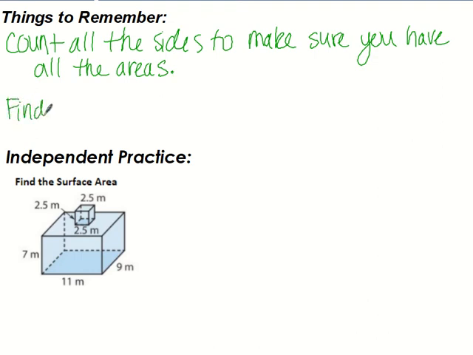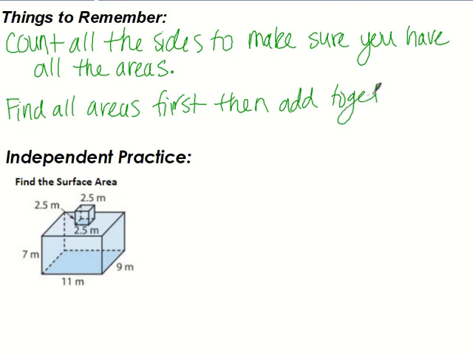Find all areas first, then add together. So notice I do that. I find the area. When I'm done with all the pieces, I then add them all back together.